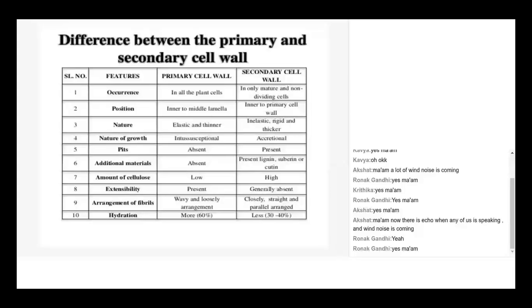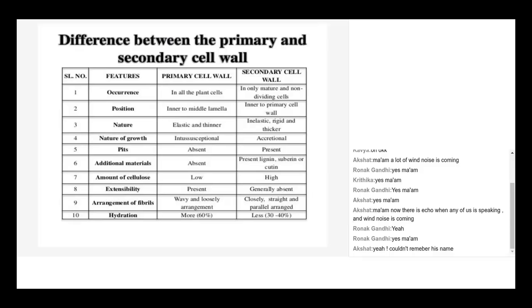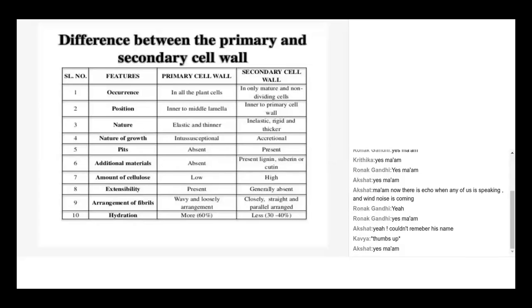I can't remember his name, but it was by reading Robert Hooke's book, in which he wrote about the cell, that people started observing them. That bark material which gives the hard texture to the plant or the tree trunk is nothing but the lignin material. That hard part of the trunk is due to the secondary cell wall structure, the lignin or the suberin materials.